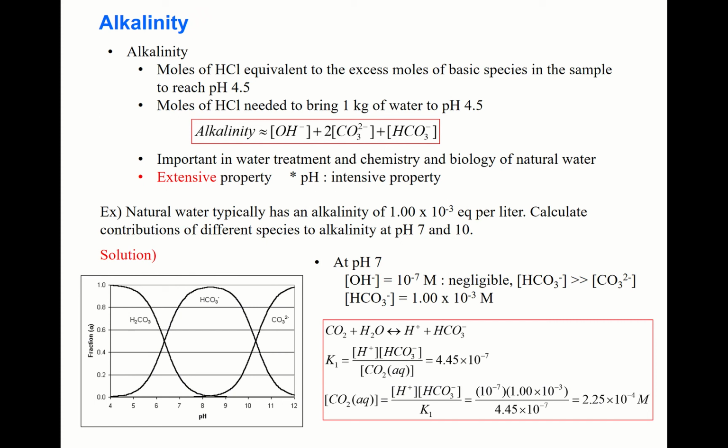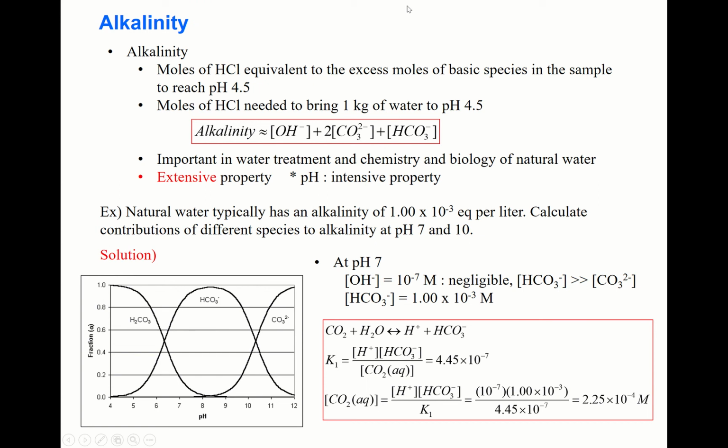So pH is what? Intensive property. You know the intensive and extensive property. Intensive property doesn't depend on the quantity, but extensive property depends on quantity. Acidity or basicity are intensive properties.